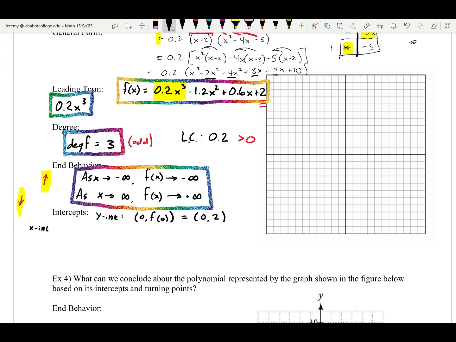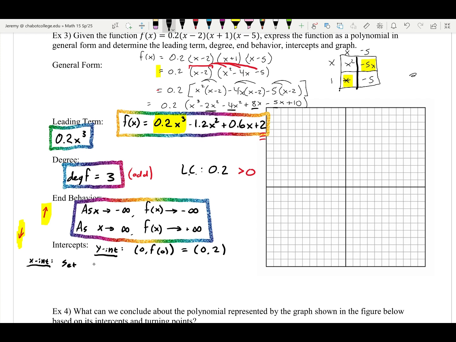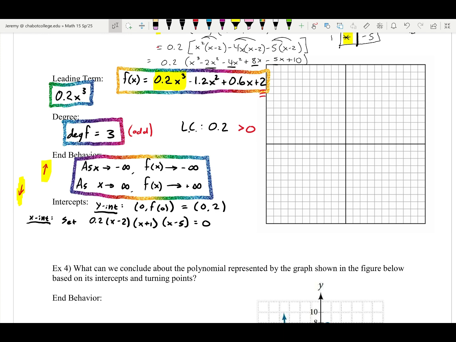We want the x-intercepts. There could be more than one of these; there probably will be. What we do is we set the function equal to 0, and I would recommend setting the factored form equal to 0. So 0.2 times x minus 2 times x plus 1 times x minus 5, set that equal to 0, because then I can use the zero product property, which says if we have a bunch of factors being multiplied together and they're equal to 0, one of them must be 0.